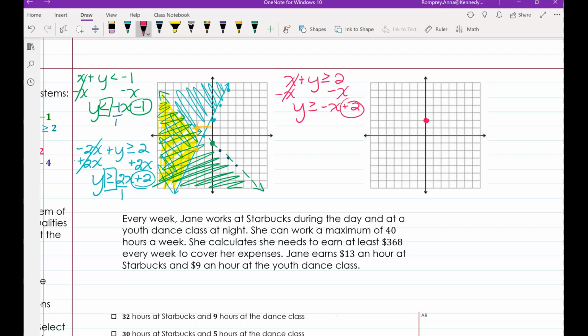My slope, negative x. So again, negative 1x. So rise over run, I'm going to put it over 1. So negative 1 over 1. Down 1, right 1. Down 1, right 1. I'm going to do the opposite, so I have a couple more on this side. And it is equal to, so I have a nice solid line.